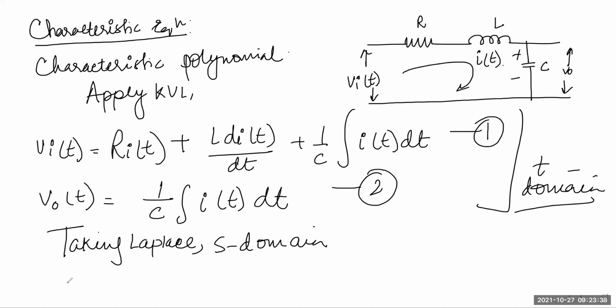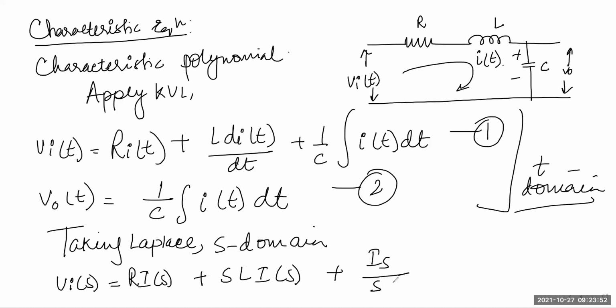So here VI(S) is equal to R I(S) plus S L I(S) plus I(S) by SC. You just match it. We have just replaced the T with S, and that's all. This is the way we write the T domain equation into the S domain.